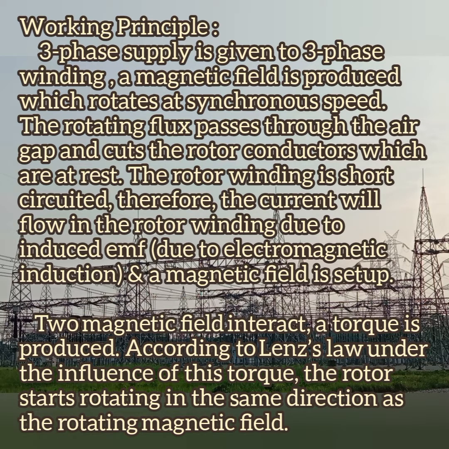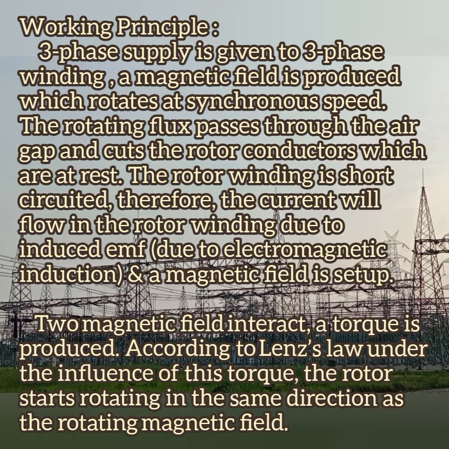Next, the principle of operation. If a three-phase supply is given to the input, which means the stator end, a magnetic field is produced which rotates at the synchronous speed in the stator windings, which means the field winding. The rotating flux passes through the air gap and cuts the rotor conductors which are at rest. The rotor winding is short circuited, therefore current will flow in the rotor winding due to the induced EMF, which is the electromagnetic induction principle.